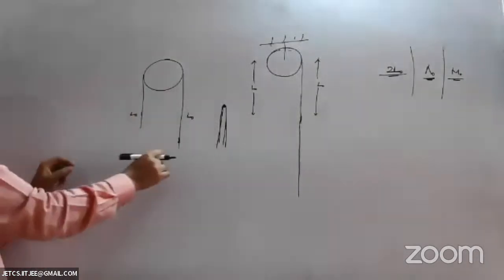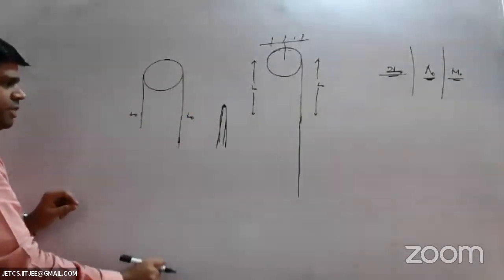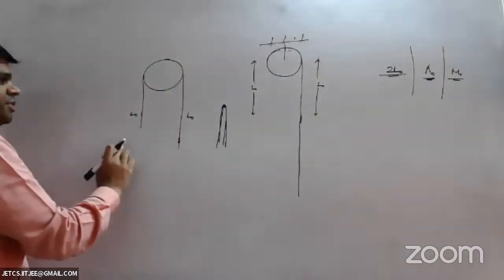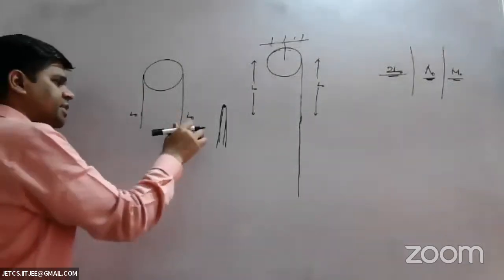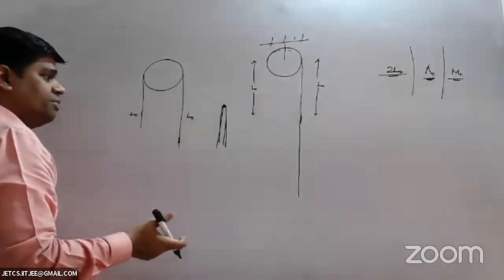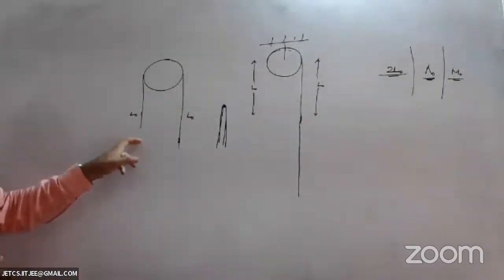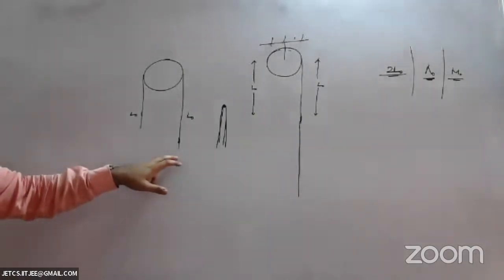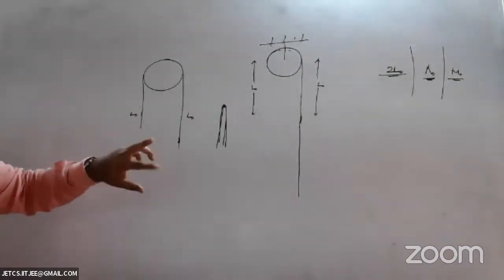The side with more mass comes down and this will go up, with the same acceleration, a naught at that instant. But the acceleration is going to be variable because the mass keeps varying. The mass on the left side decreases and the mass on the right side increases, so my acceleration will also vary.